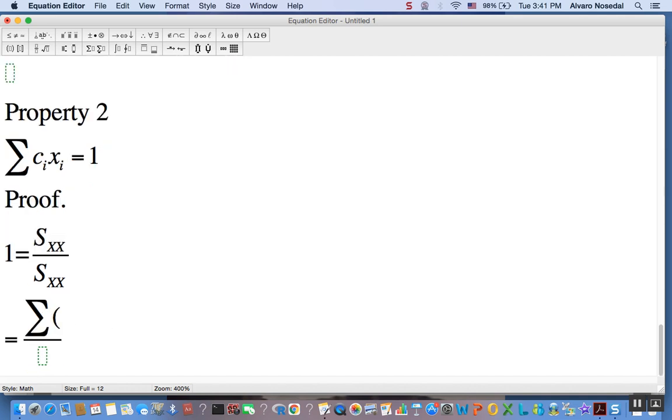Let me write it down here: xi minus x bar squared. Let me use sxx there.